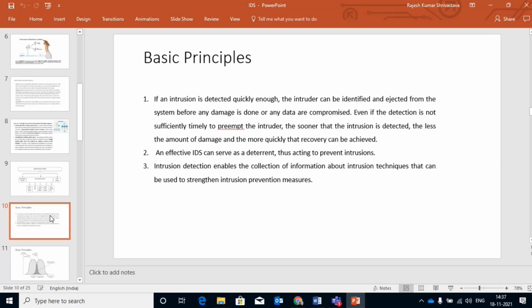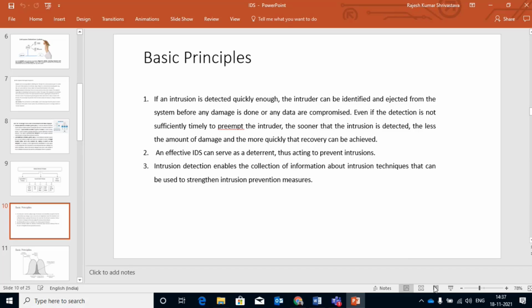Now the basic principle of an intrusion detection system is to protect the network and the system. It basically provides a service which will identify the intrusion. If an intrusion is detected, it should be detected quickly enough, because if detection is delayed, you can lose many things.